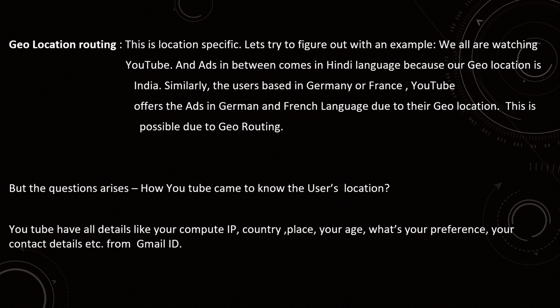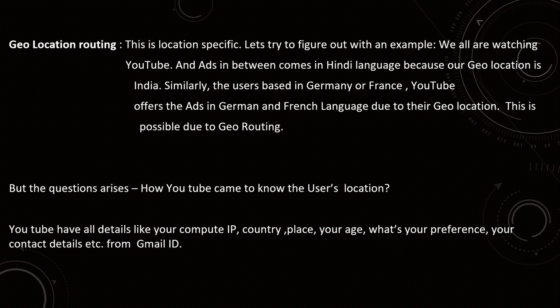Geolocation routing. This is location specific. Let's try to figure it out with an example. We all watch YouTube videos, and ads in between come in Hindi because our geolocation is India. Similarly, if my location were Germany, then German ads would come in between the videos.